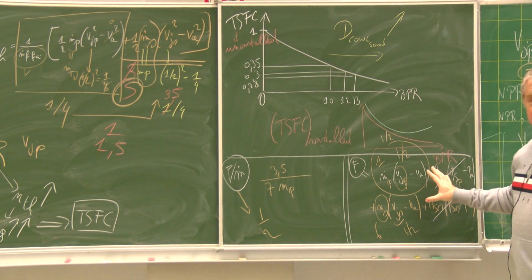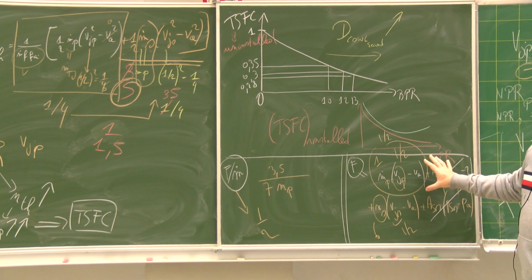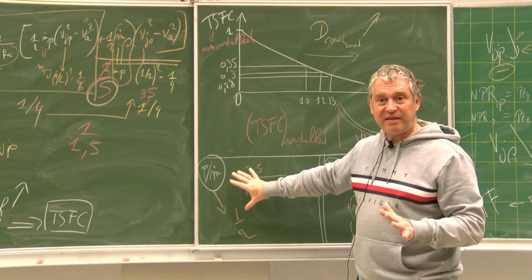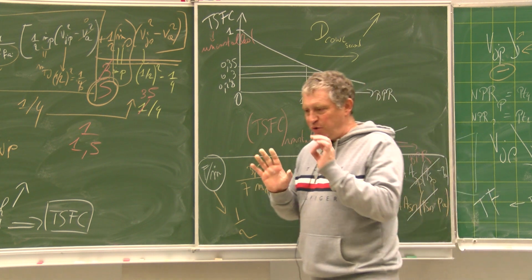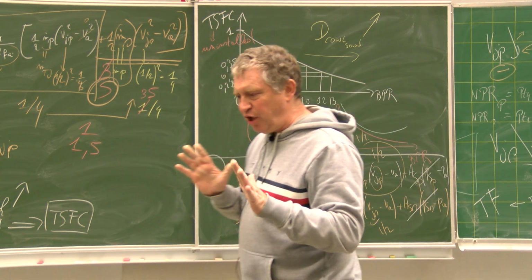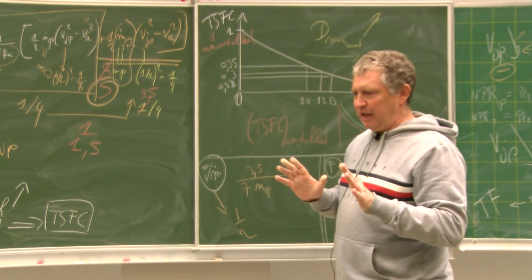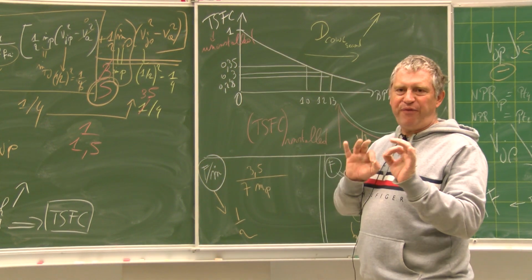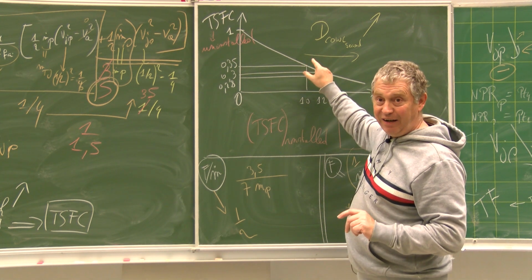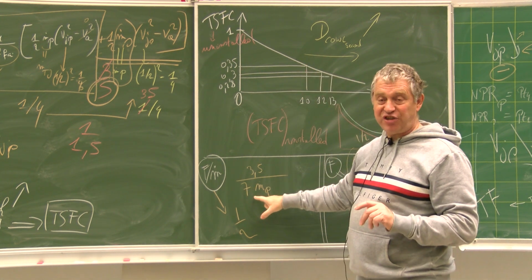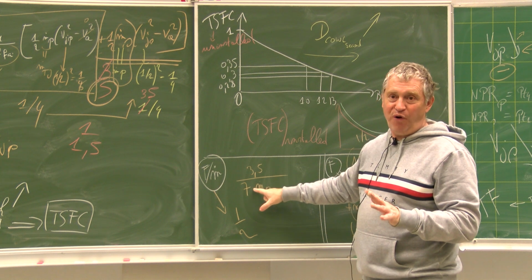We have increased the thrust very largely, but we have decreased the specific thrust also very largely. And so you see that compared to the turbojet, if you look at our two performance parameters, we have a huge gain there, but a very large decrease of the performance here.